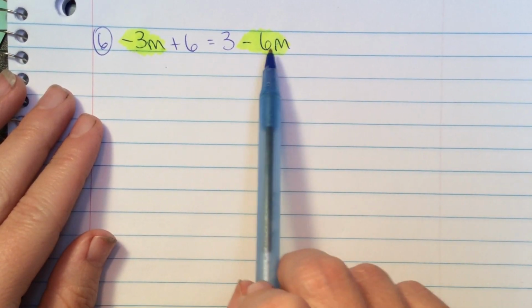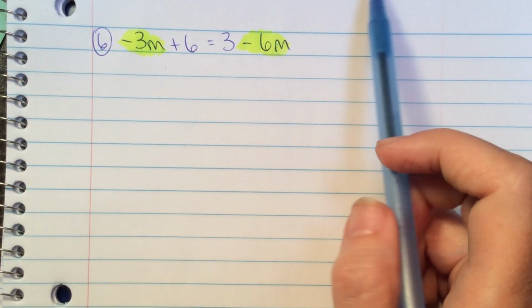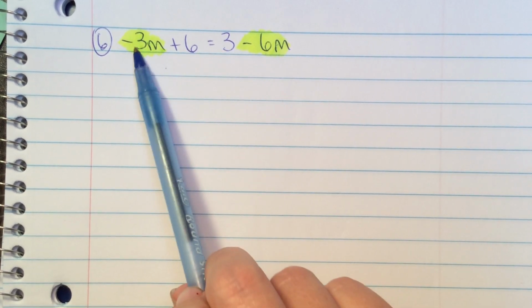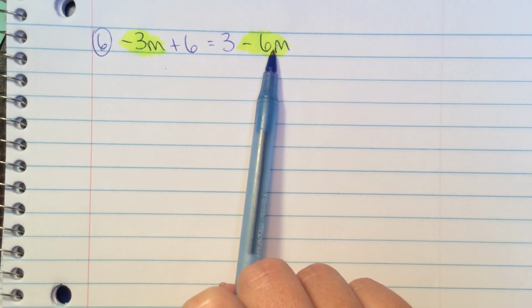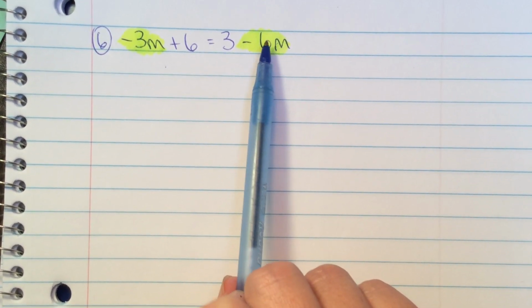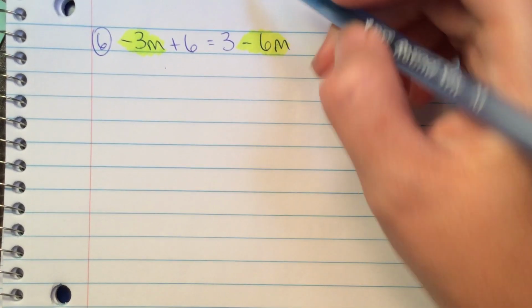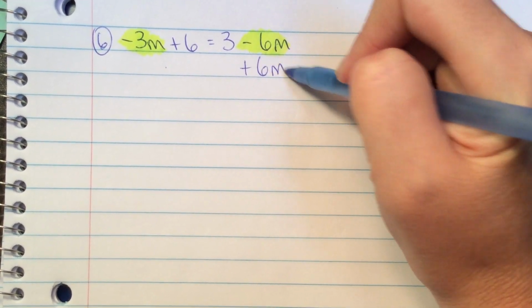So I have negative 3 and negative 6. If they were positive 3 and positive 6, 6 would be bigger. But they're negative, so 6 is actually smaller. So we're going to move the 6.